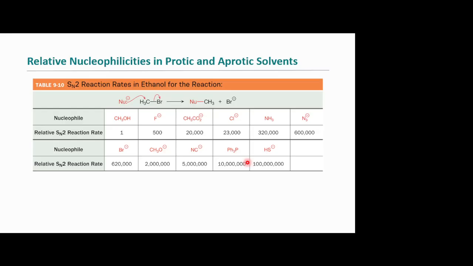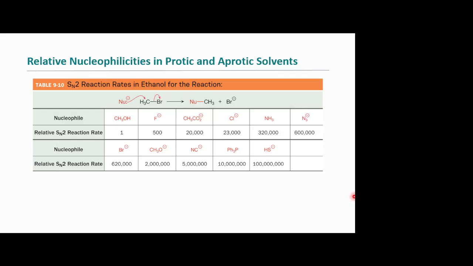So one of the things that's very interesting about this is you may have noticed bromide was not usually this amazing nucleophile before. All of a sudden it has become way better of a nucleophile, right? And so has the sulfide. Okay. And the interesting thing about this is that it has to do with how well these things bind to our protic solvents in these cases.